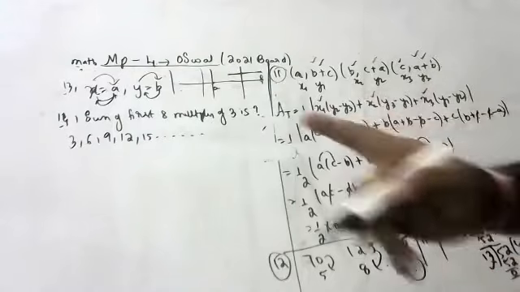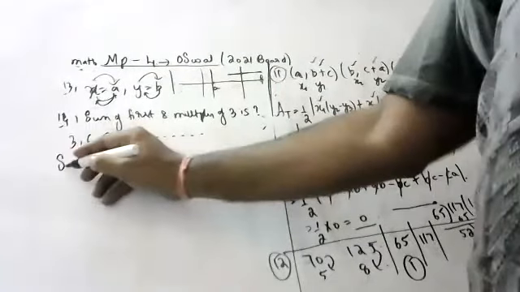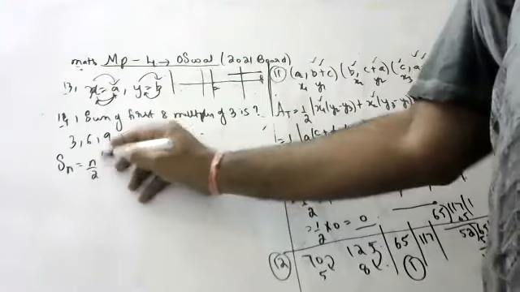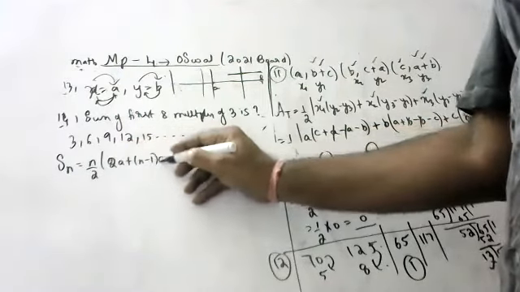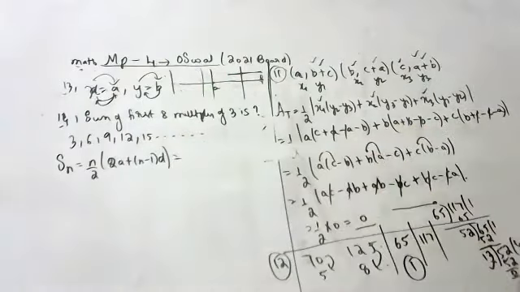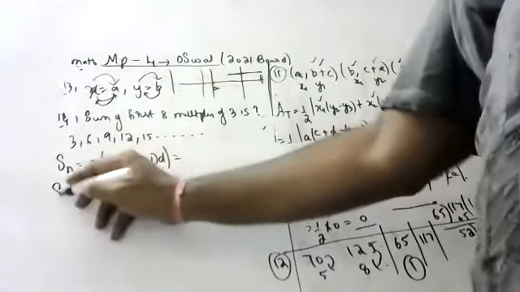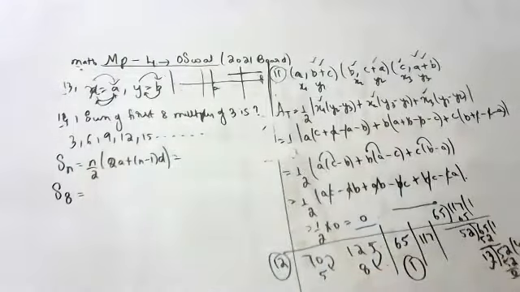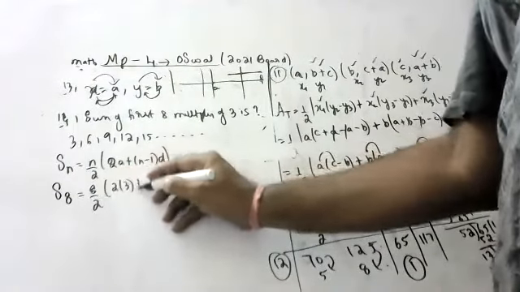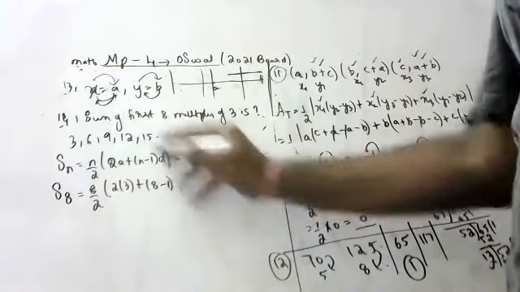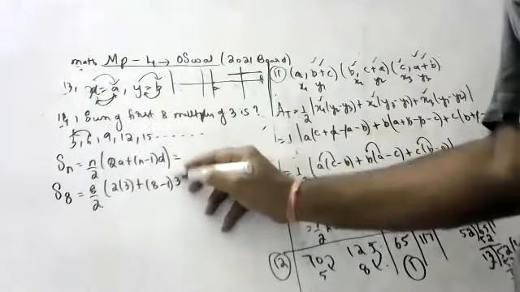Okay, find the sum of first 8 multiples. Sum formula, Nana? n divided by 2 into 2a plus n minus 1 into d. n is equal to 8. So 8 divided by 2, 2 into 3 plus 8 minus 1 into 3.